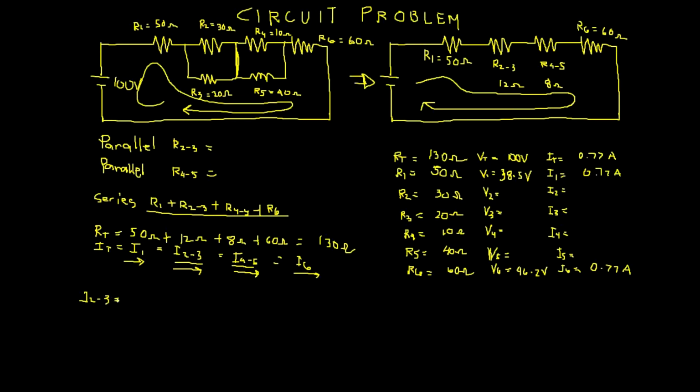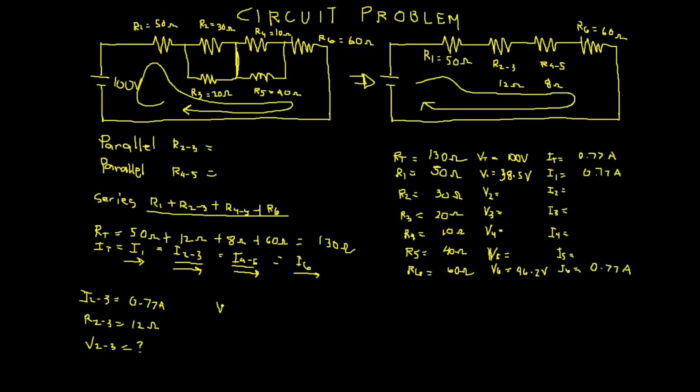So, ang current niyan is 0.77 kasi equal siya sa total current, 0.77. So, ang R2-3 natin is equivalent sa 12 ohms. So, ibig sabihin, meron siyang dapat V2-3. So, ito ang hahanapin natin.